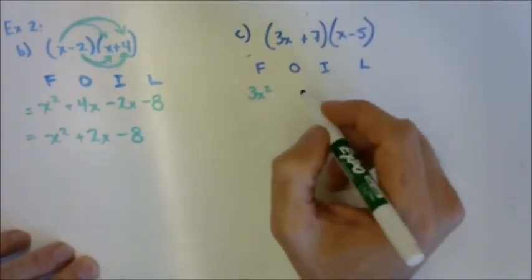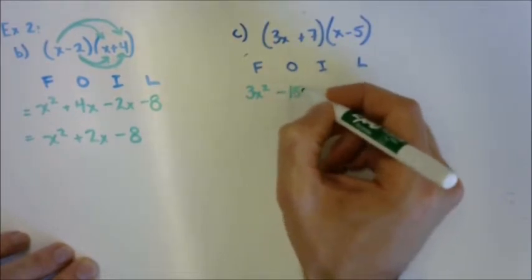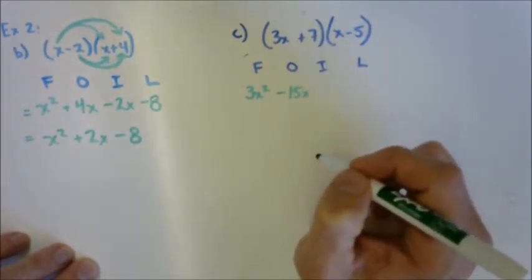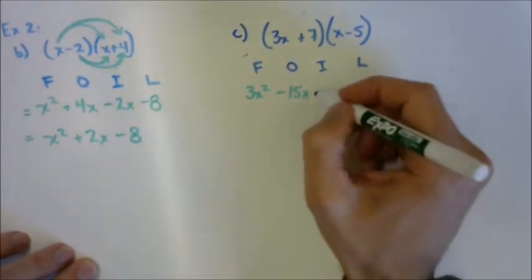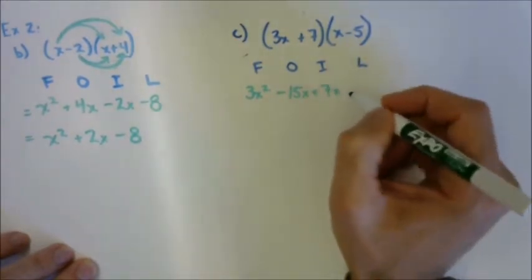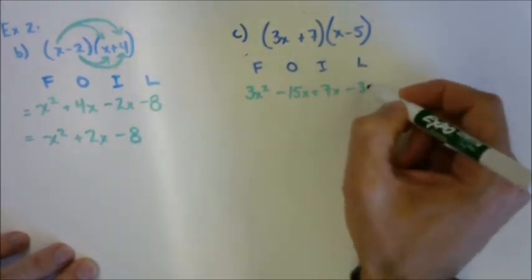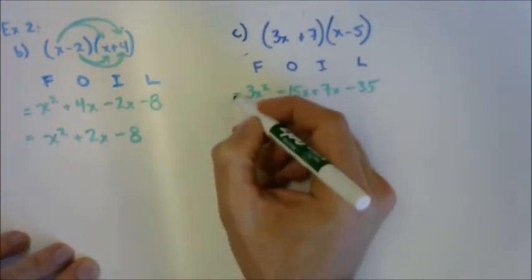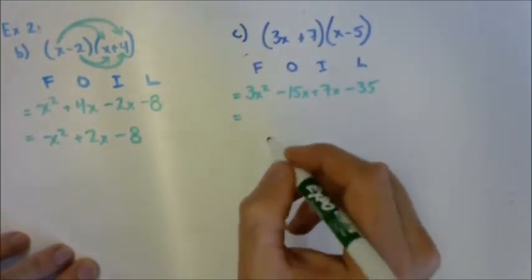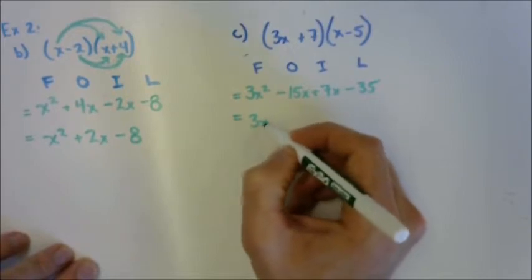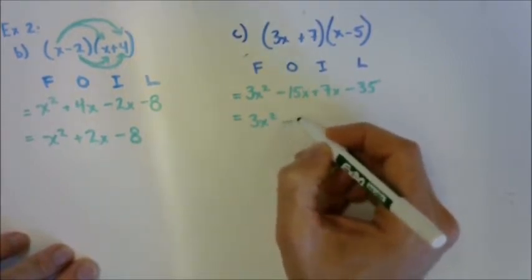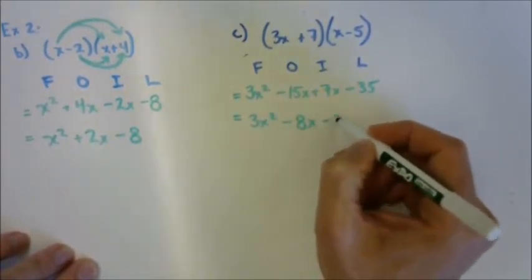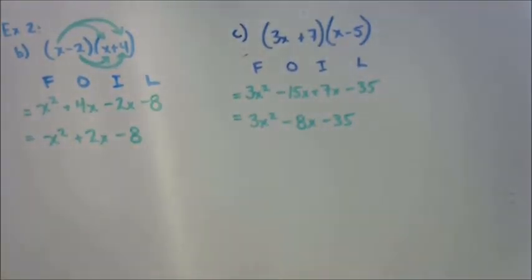Then go ahead and do outside times outside. Inside times inside. And last times last. Group your like terms. First times first, first times last, second times first. And you're done.